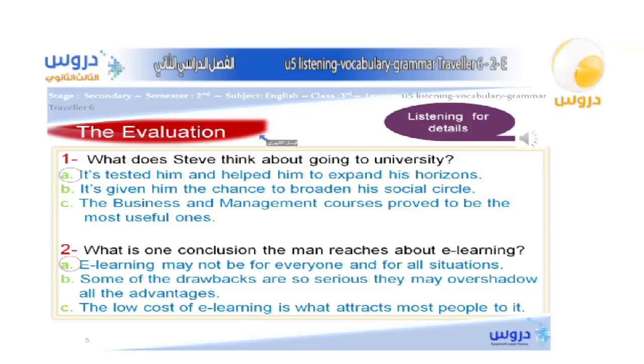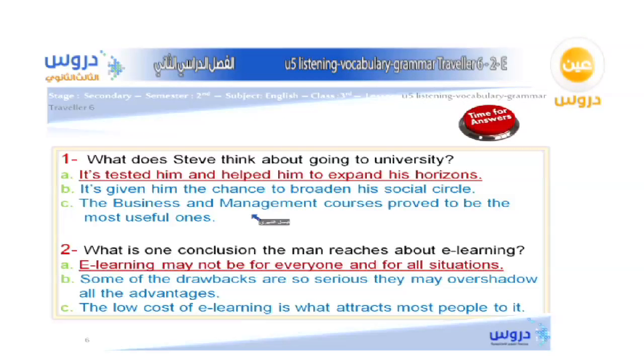All right, let's check together now. Fabulous, great expectations. It's really number 1, A, and number 2 as well, A. Thumbs up for you and keep going.